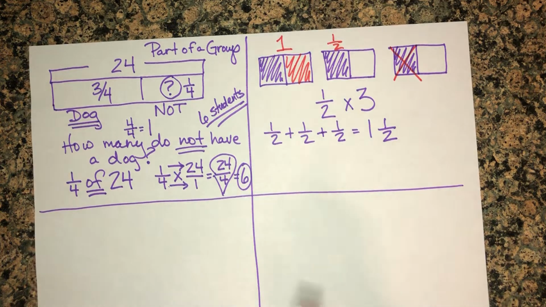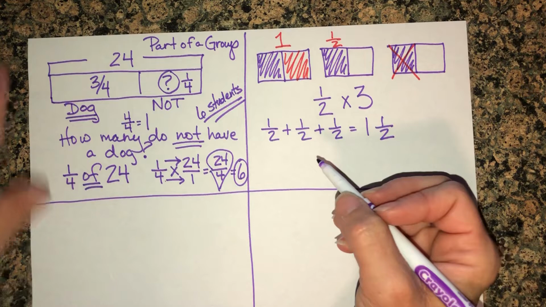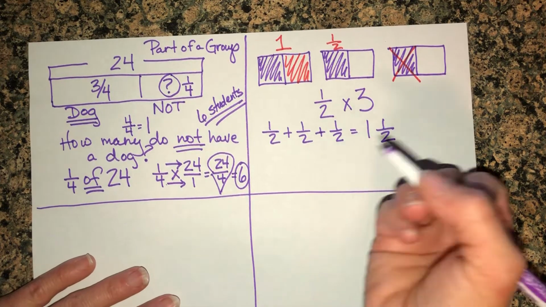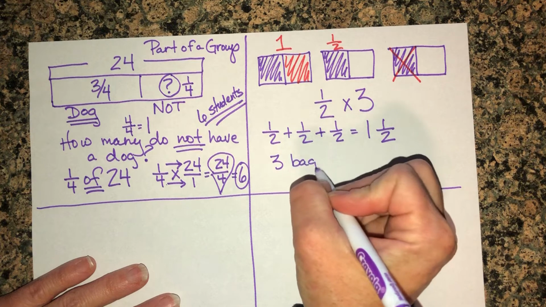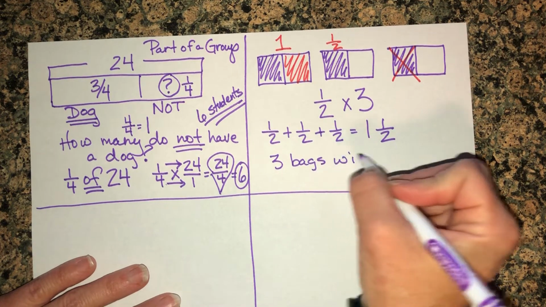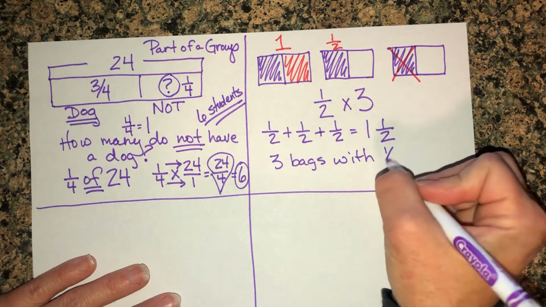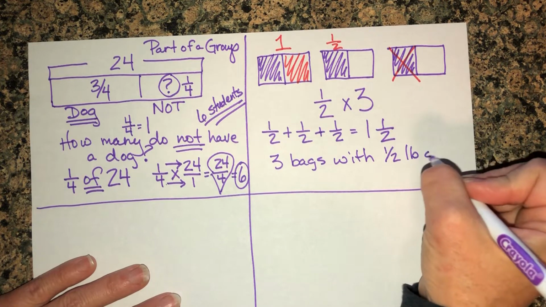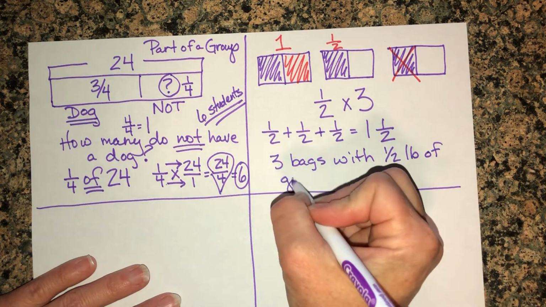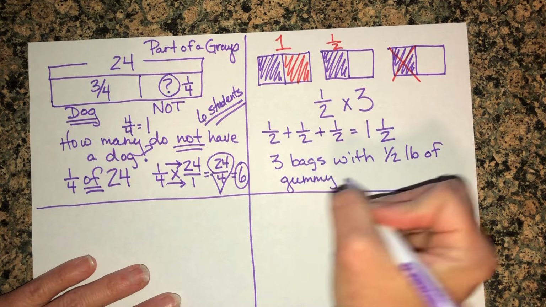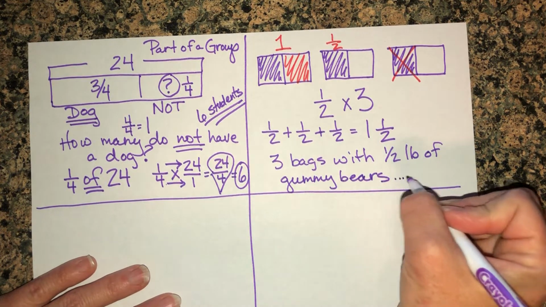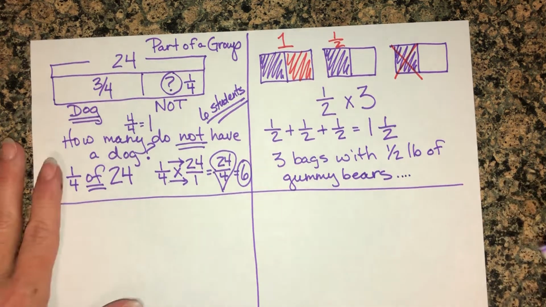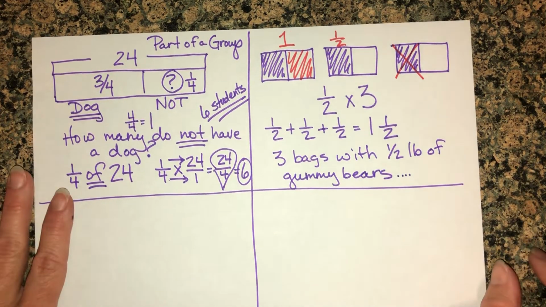So there's lots of different ways to look at this, but a lot of times this will say something like, I have 3 bags with 1/2 pound of gummy bears. And then it will say, how many total gummy bears do I have in all 3 bags?